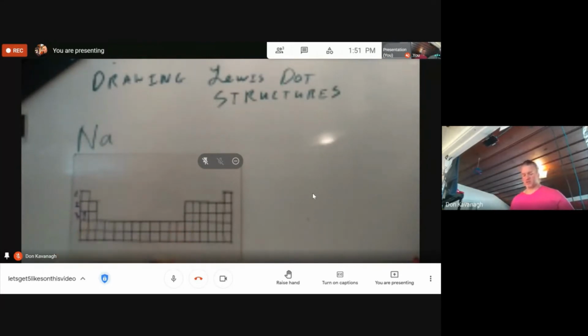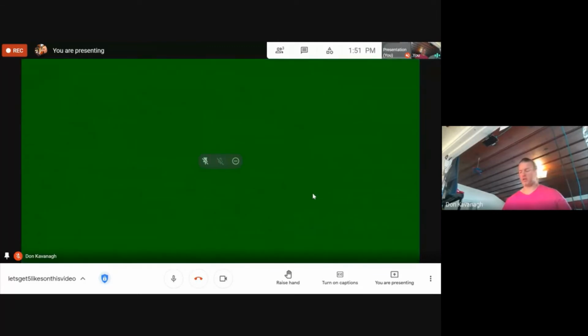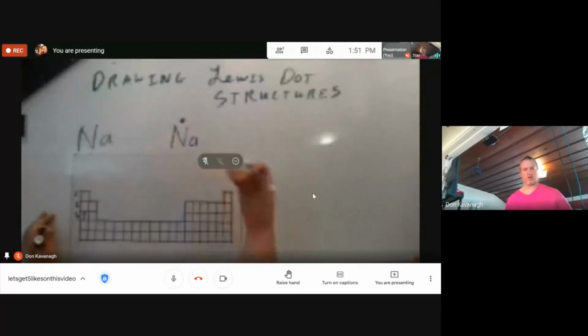So the Lewis dot structure for sodium looks like this, just the one electron. Now I put the electron at the north position, but it could really go anywhere. It's just got to go one dot right there. So this would be a neutral sodium atom.